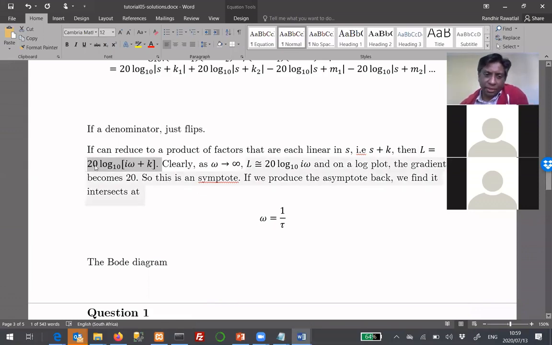And so this thing becomes approximately 20 log 10 i omega. So we have one easy asymptote. And then, of course, we can also say at omega equals 0, this term is simply 20 log 10 K. So if we have the value K, we can just get a constant. And that's plotted here.